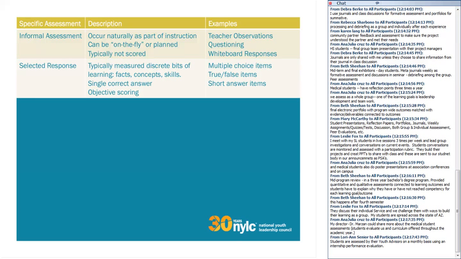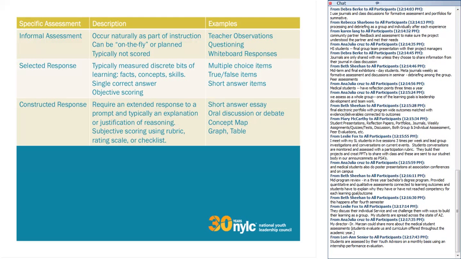Then we have the selected response. So discrete bits of information, facts, concepts, or skills. Usually there is some sort of correct answer, so this may be a quick quiz that you do, maybe a pre-test, for you to know where your students are at. And then you move to the constructive response, which is really where we see students start to move into critical thinking.